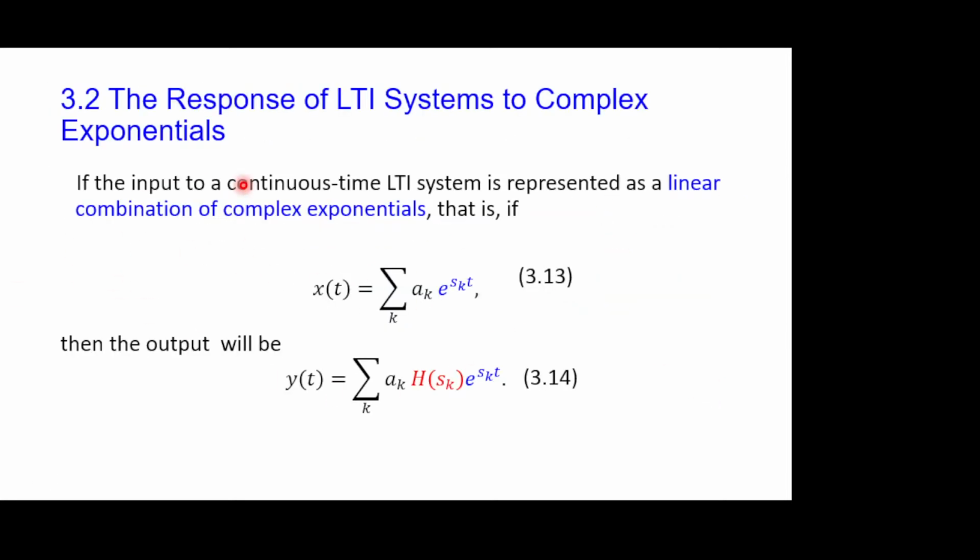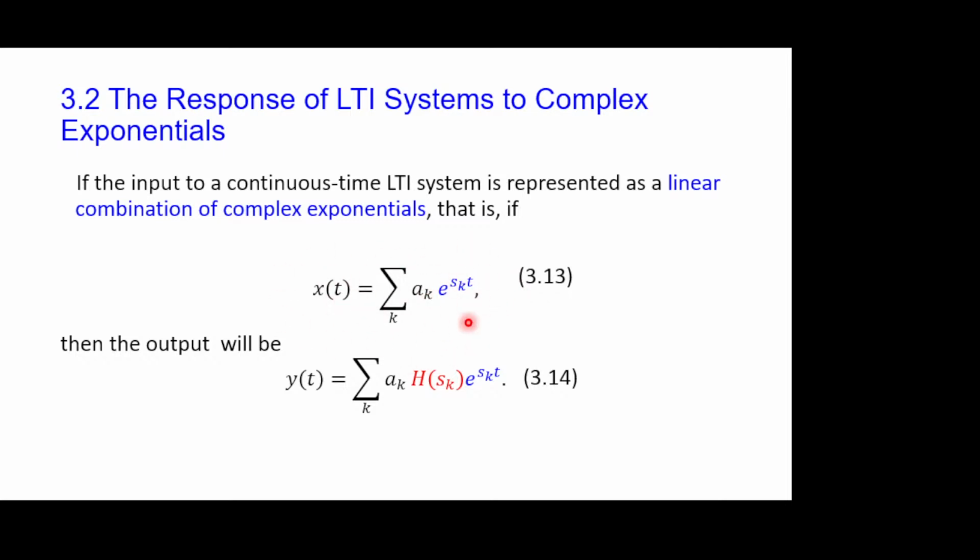Then, as we said, those e to the st are eigenfunctions. So for x that are not just e to the st, we want to write them as a linear combination of those eigenfunctions, right?